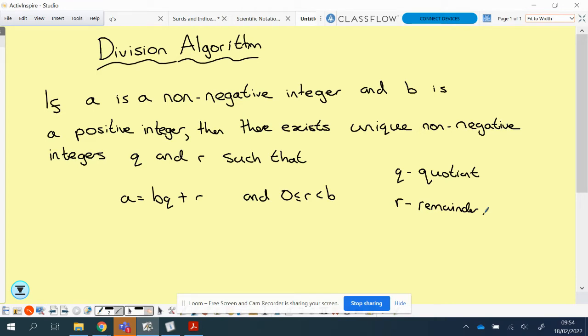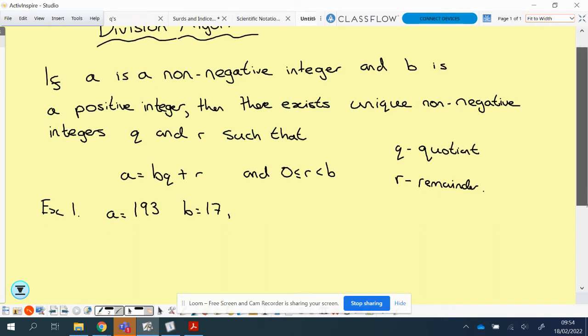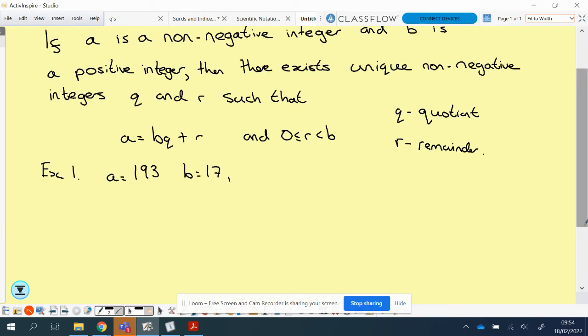Okay, but it's a powerful tool. So I'll give you a quick example of how that works. Example 1: if A is 193 and B is 17, how would you work out what Q and R would be? Well, you work out how many times 17 can fit into 193.